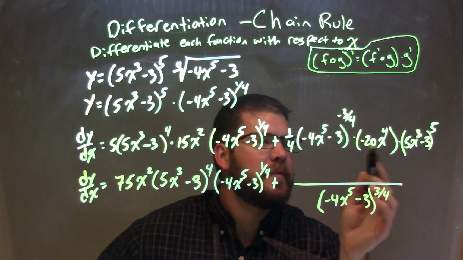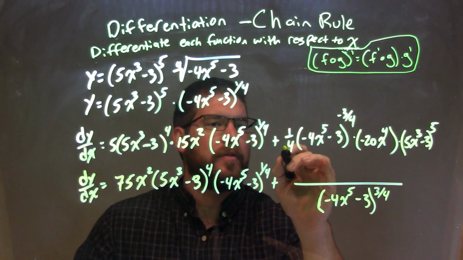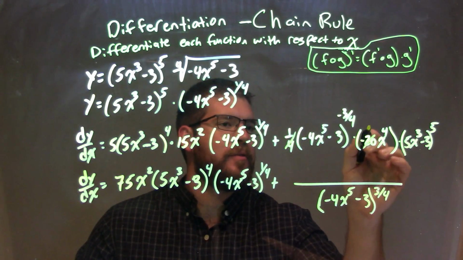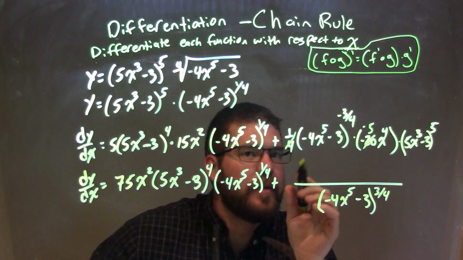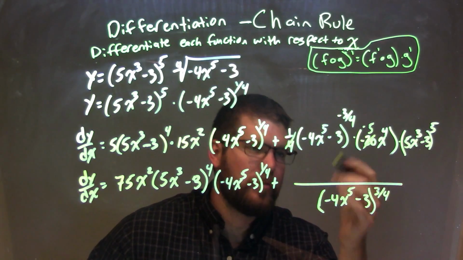Then let's see if I can simplify this in any way. I see the 1/4 and the 20. I can cross them out and make that a negative 5, because 1/4 times negative 20 is negative 5.